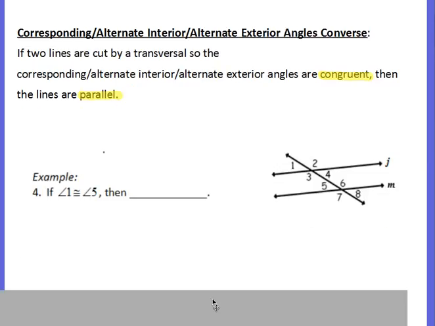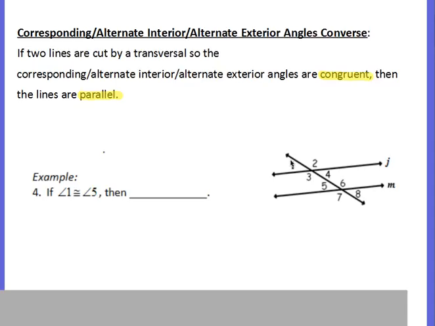Let's look at an example. If the measurement of angle 1 is congruent to the measurement of angle 5, then let's first try and figure out where those angles are, and then we do the rest.